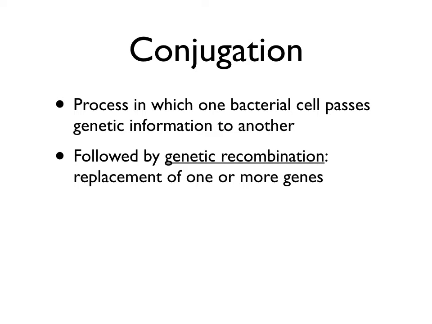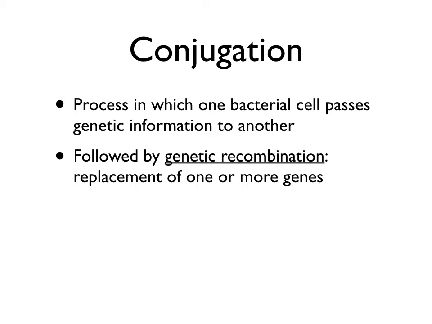So conjugation is the first of these mechanisms that we're going to discuss. And in conjugation, one bacterial cell is passing genetic information to another. Okay? And if it simply passes it over, that's one thing, but the important part is that the recipient, the cell that receives genetic information from another, must genetically recombine its own genome with that new material.